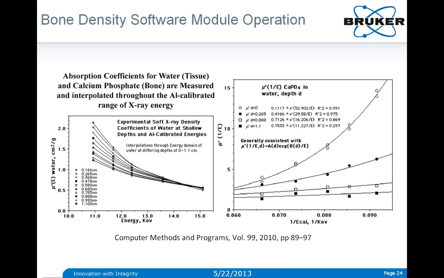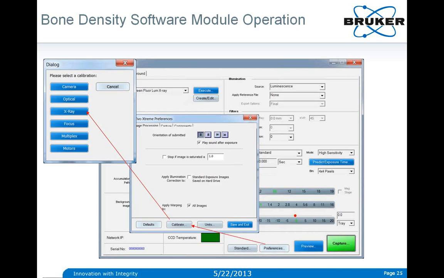In order to ensure that these coefficients apply to imaging on Bruker In-Vivo imaging systems, the calibration needs to be run so that the coefficients used are compatible with the X-ray density values that are obtained with the Bruker In-Vivo systems. And these are showing some of the density coefficients with hydroxyapatite and calcium phosphate imaging in different depths of water from the original report on the software.